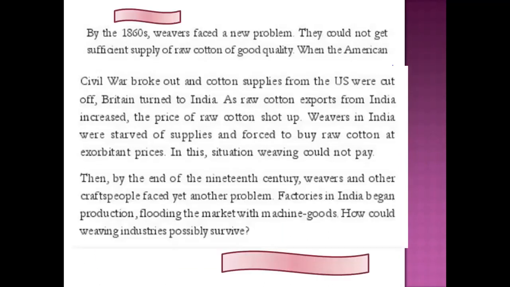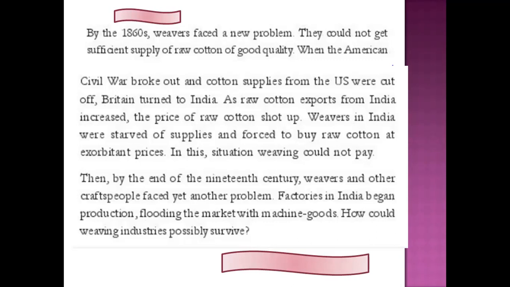By the 1860s, weavers faced one more problem: they could not get a sufficient supply of good quality raw material. When the American Civil War broke out and the cotton supply from the US was cut off, Britain turned to India. As the raw cotton exported from India increased, the price of raw cotton shot up.